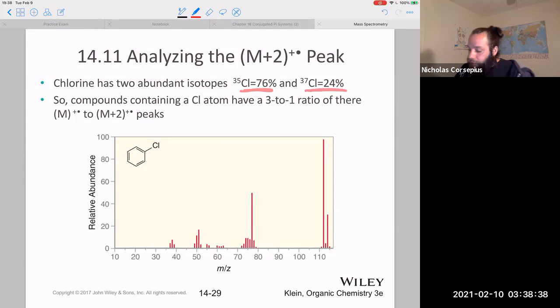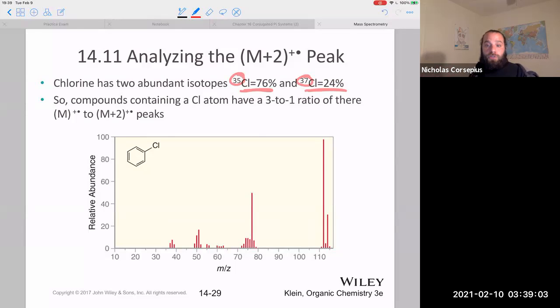Chlorine 37 has an abundance of 24%. That's pretty large. That means that no matter what, you're definitely going to get some of that isotope in there somewhere. And notice that the other thing that's really nice is these two isotopes are spaced 2 mass units away, not just 1. So that means that you're not going to confuse it with your M+1 peak, which you're using to figure out the number of carbons.